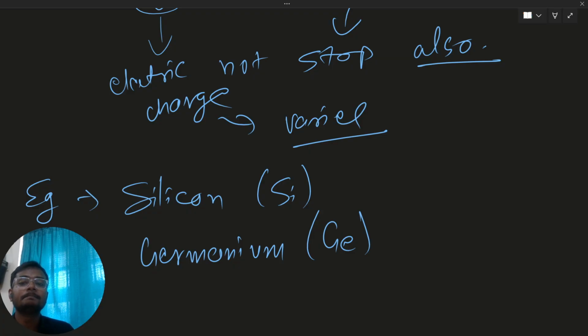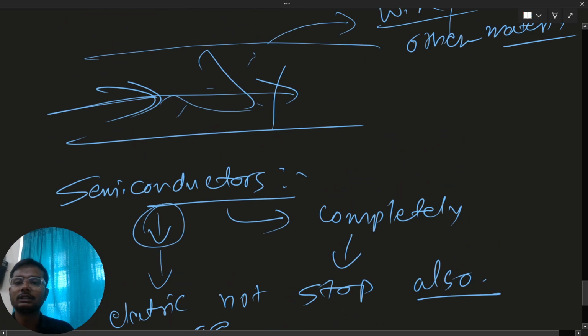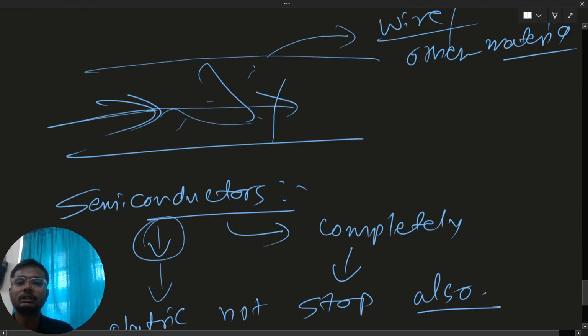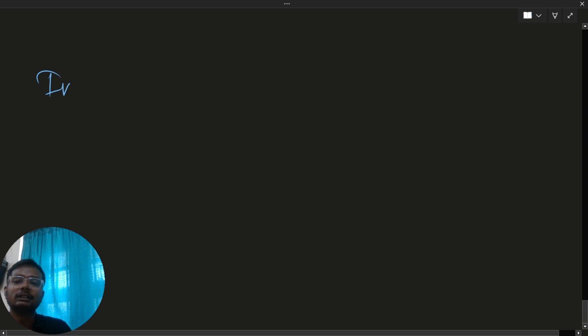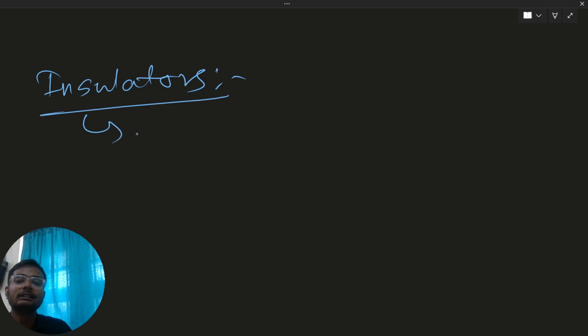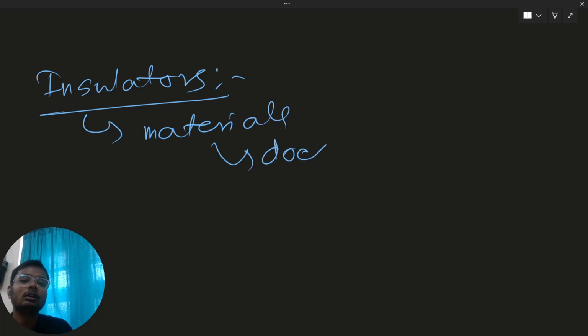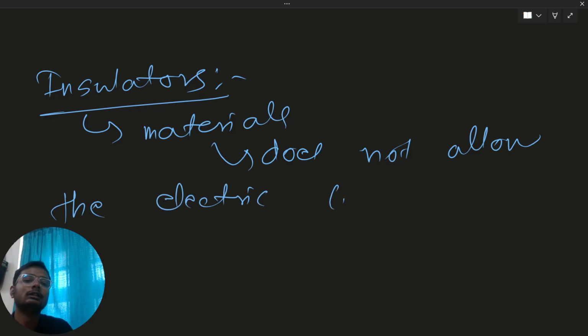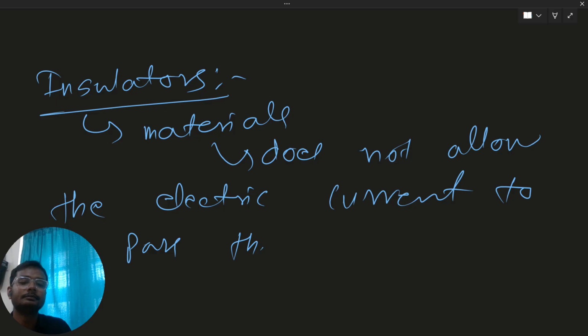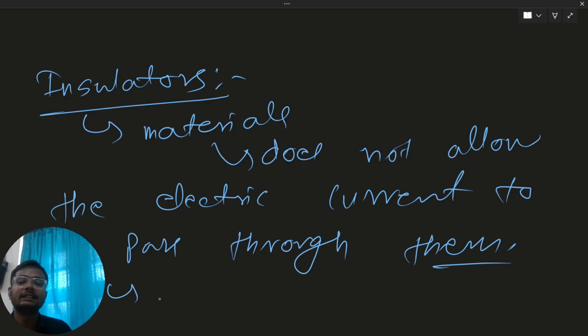अच्छा, हमने इंसुलेटर्स की बात नहीं करी ना. कंडक्टर्स हो गए, सेमीकंडक्टर्स हो गए, इंसुलेटर्स. इंसुलेटर्स क्या होते हैं? These are the materials, all those materials which do not allow the electric current to pass through them. एग्जांपल्स में जैसे क्या हो गए?